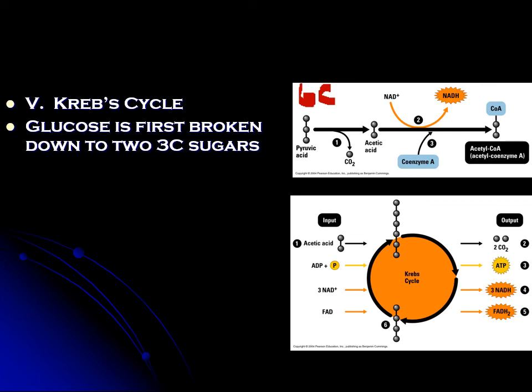That 3-carbon sugar then gets a carbon dioxide ripped off, and now it has 2 carbons. So now we're at a 2-carbon sugar. This is slightly modified into this molecule you might remember from biology, acetyl coenzyme A. This 2-carbon molecule is what enters the Krebs cycle.